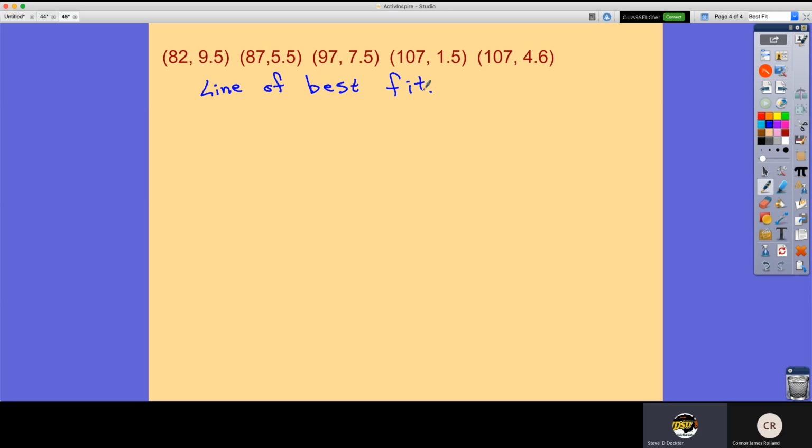Now, some of you don't have that on your calculator. How do we get that? Go right above the 0 button. As you can see, I don't have it on my calculator right now. Right above the 0 button is the catalog. So you hit second and then catalog, and you should get this.